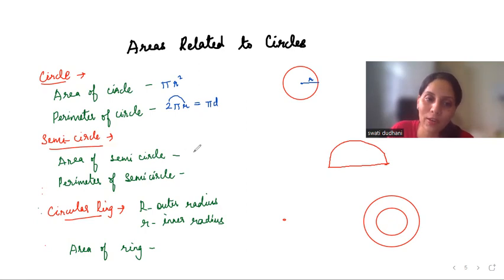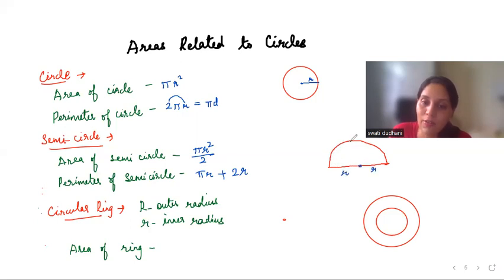Now coming to area of semicircle, area of circle is pi r square. Since it is semicircle, it will be pi r square by 2. And perimeter of semicircle is 2 pi r by 2, which is pi r plus 2r, because this is radius, this is radius.